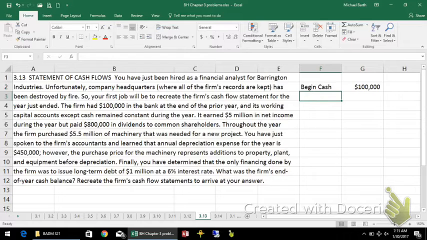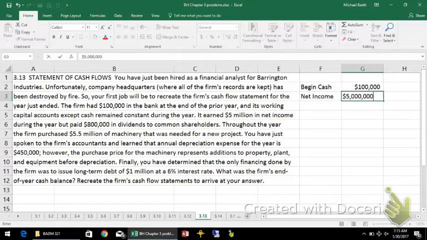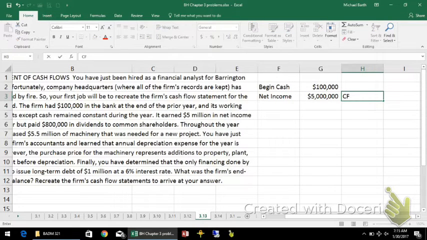The working capital accounts, except cash, remained constant during the year, so the inventory, accounts receivable, all that stuff did not change. It earned $5 million in net income. Okay, so net income during the year was $5 million, and that's a cash flow from operating activities.